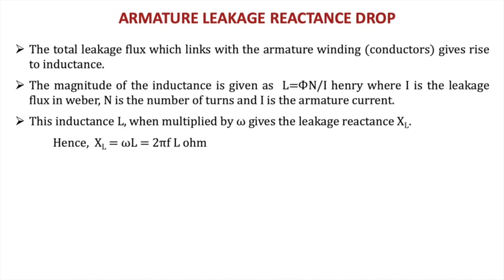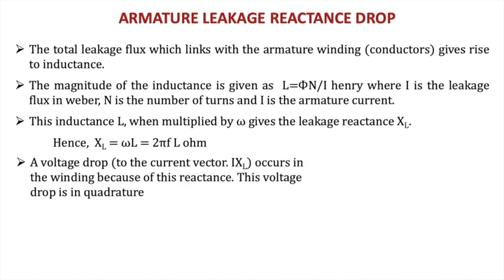The inductance L when multiplied by omega gives us the leakage reactance, and the voltage drop due to this leakage reactance will be in quadrature because it is like an inductive drop, so it will lag behind.